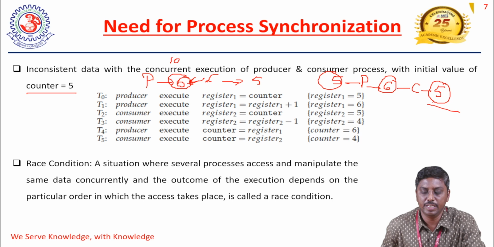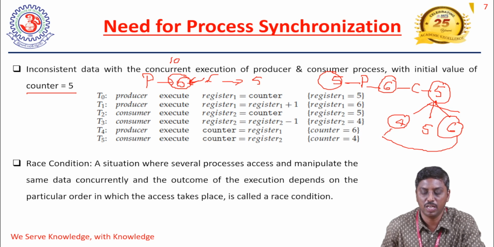But I will show that there is a possibility that I can get the value 4, 5, or 6. So 4 and 6 are inconsistent values, but there is a chance that the system can generate any of these 3 values: 4, 5, 6.